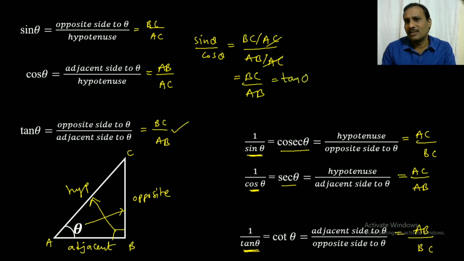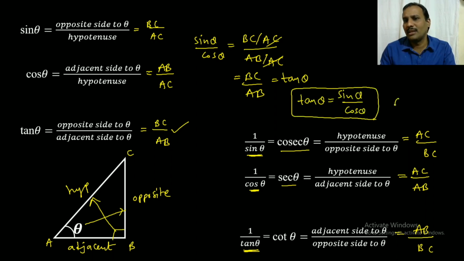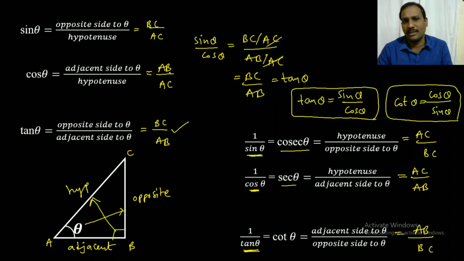So we can also conclude that tan theta can be defined as sine theta by cos theta. And what is its reciprocal? That is, cot theta can be defined as cos theta by sine theta. So these are the trigonometric ratios and the relation between them.